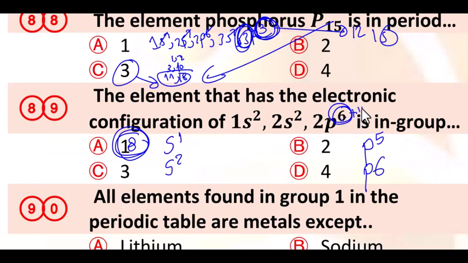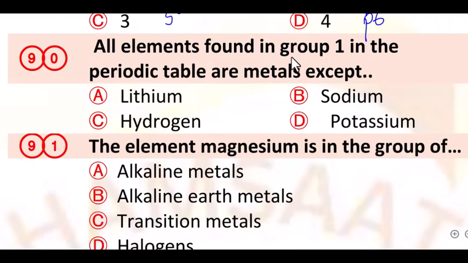Here it ended with 6, we add 12, so it is in group number 18. In which period? In period number 2. Group 18, period 2. All elements found in group 1 in the periodic table are metals except hydrogen.